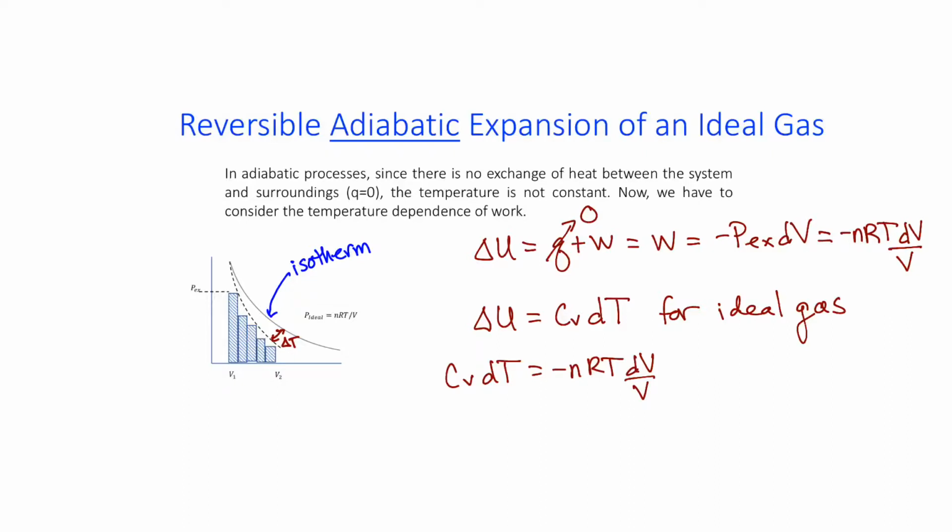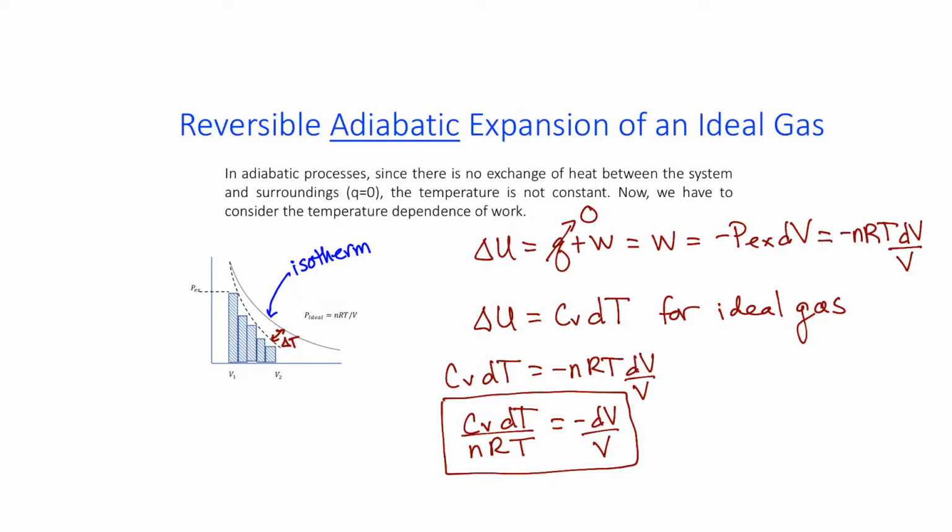Okay, so you can end up with CV dT over nRT on the left-hand side, and then that leaves you with minus dV over V on the right-hand side. Okay. So hopefully this is screaming out to you, hey, I can integrate this side with respect to T and this side with respect to V, and then end up with my answer.